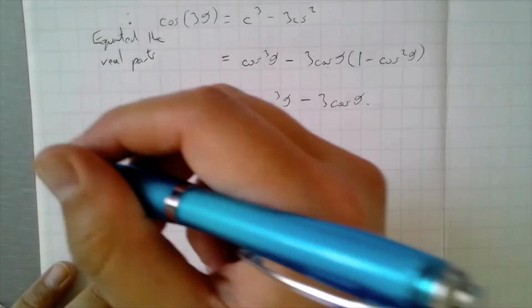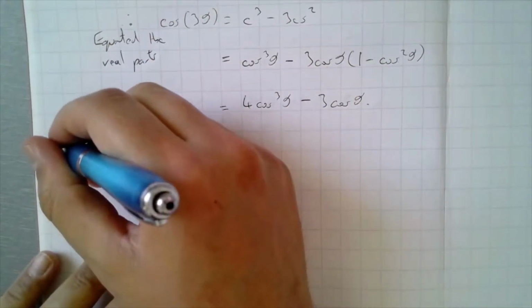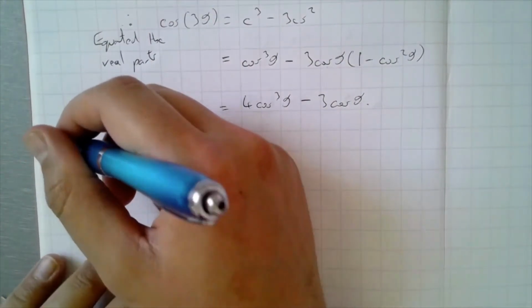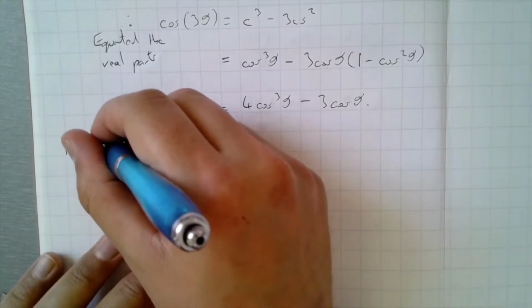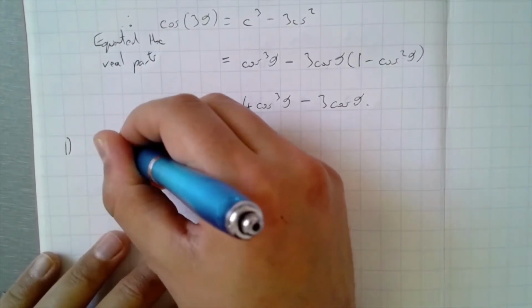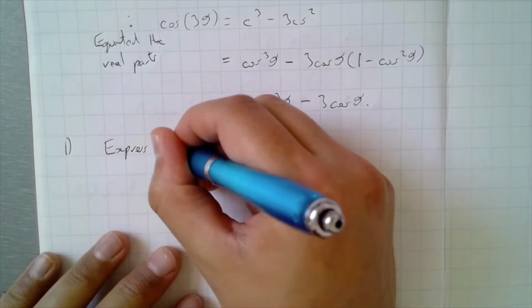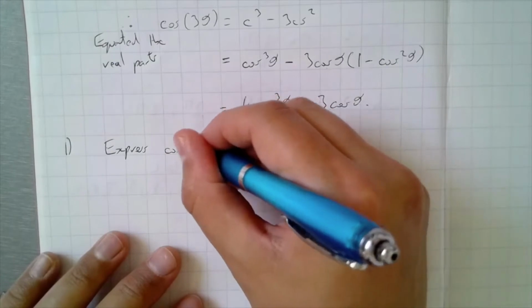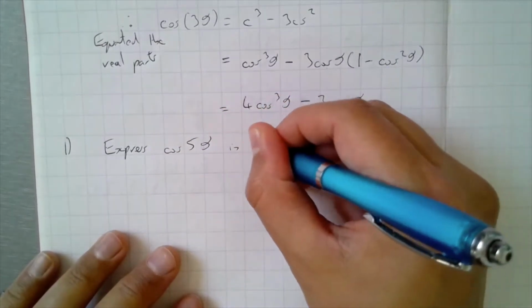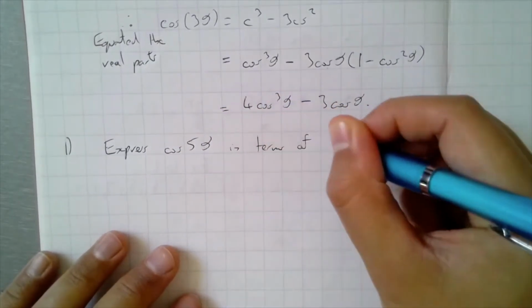So what I'd like you guys to do before we do the next bit is to express cos 5 theta in terms of cos theta.